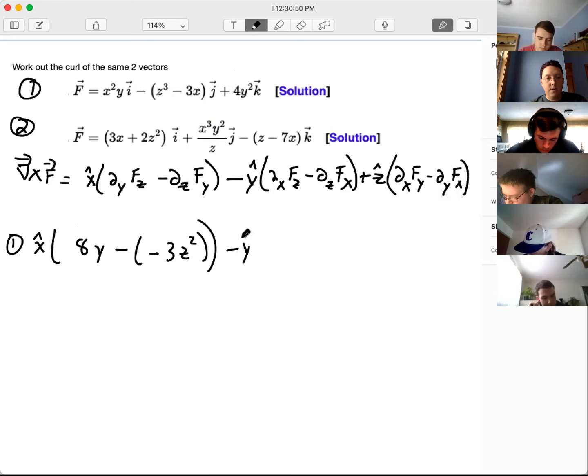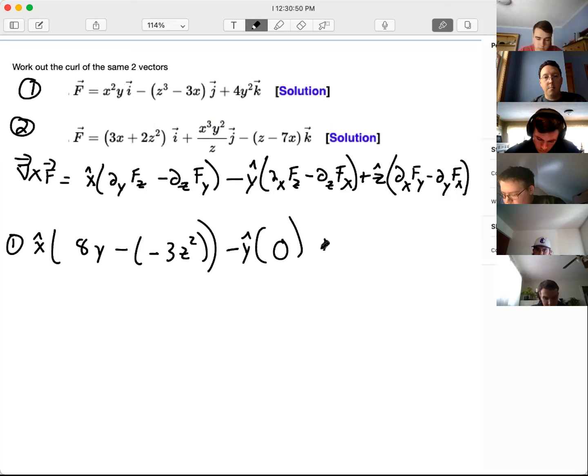Okay, minus y hat times partial x on the z component is 0, and then partial z on the x component, which gives 0.